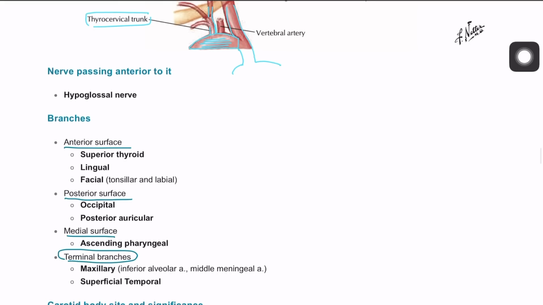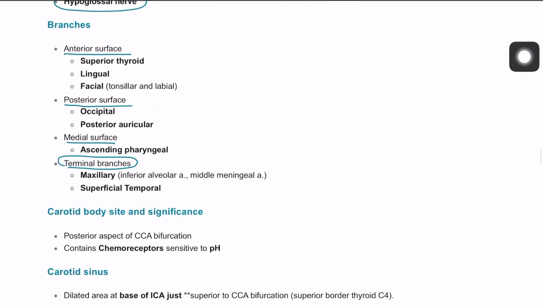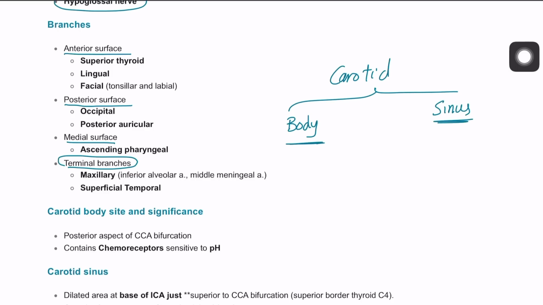Okay, so there is a nerve related to the external carotid artery, which is the hypoglossal nerve. Okay, there is another question now asking about the carotid body and carotid sinus. So the carotid body is a chemoreceptor. The carotid sinus is a baroreceptor. From the name, chemoreceptor means it responds to change in the pH.